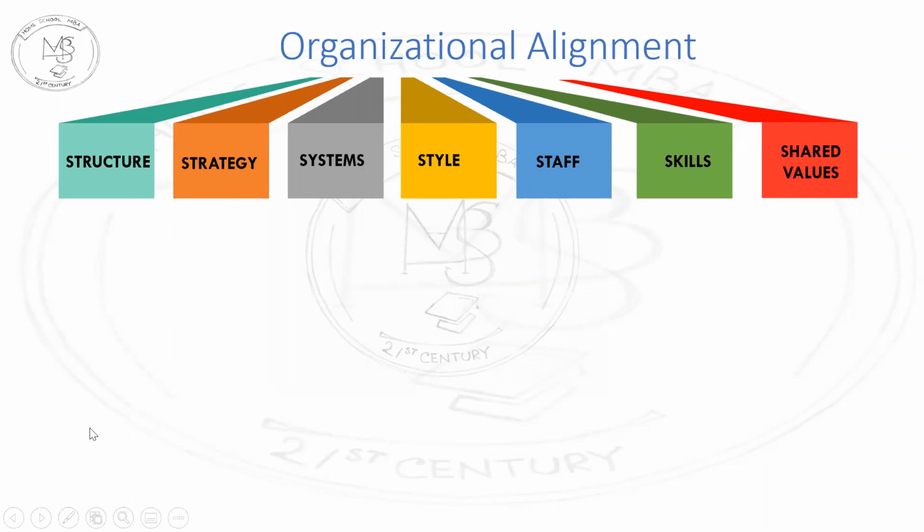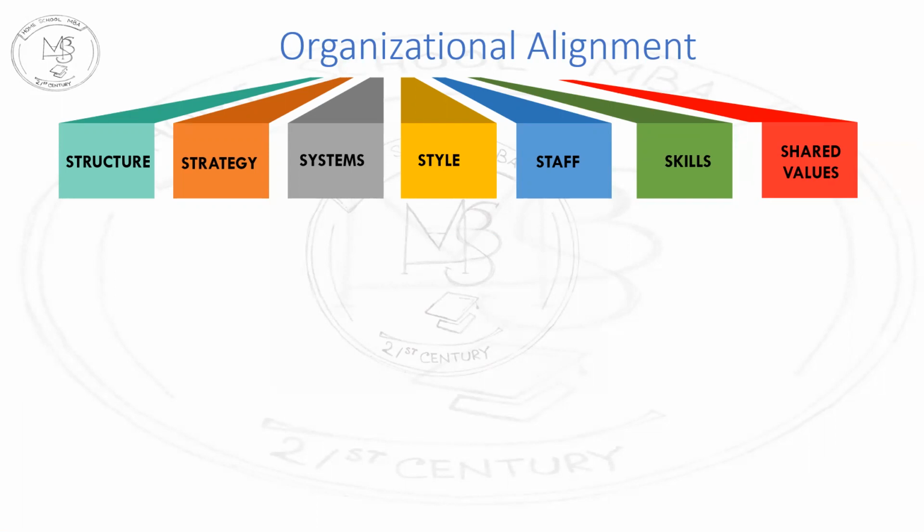Organizational alignment. As we have discussed earlier, organizations are made up of people and they have different departments and different functions to be performed in order to achieve the organizational objectives, goals, missions, and visions.